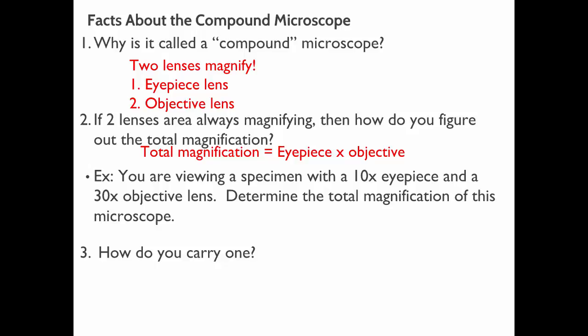The eyepiece power times the objective power. So if I was looking at a microscope and it had a 10x eyepiece and a 30x objective lens selected, what would the total amount of magnification be? 300. Yeah, we multiply those two numbers. 300. 10x eyepiece times a 30x objective.